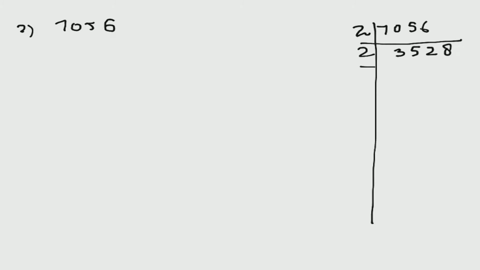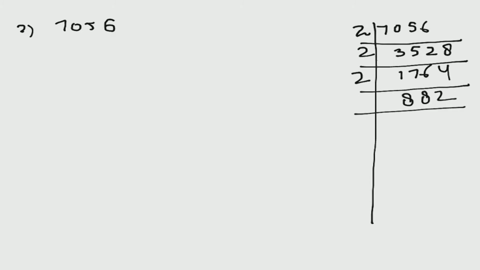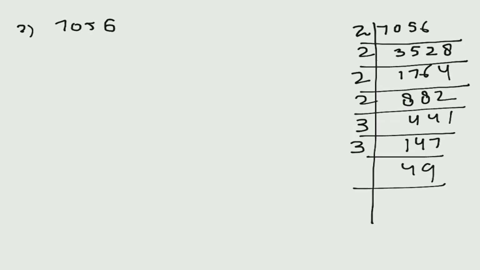Again we divide by 2, then we get 1764. Again divided by 2, it gives us 882. Next it gives us 441. And then after that it is divisible by 3, which gives us 147. Then again with 3 it gives us 49, and then 7 and 7 to 1.